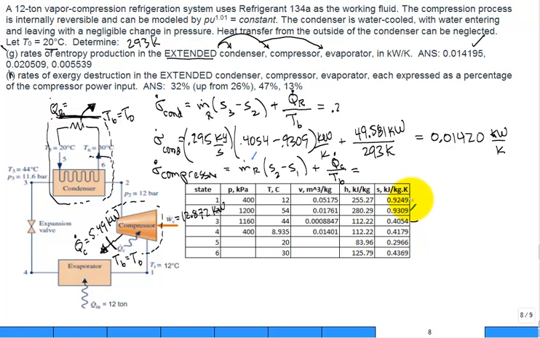The S1 is right here. Q dot C, 5.49 kilowatts divided by 293. And you calculate that this is 0.02051 kilowatts per Kelvin.